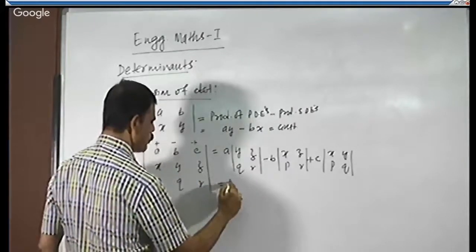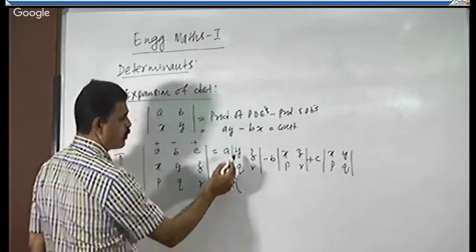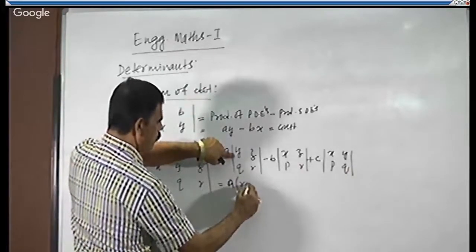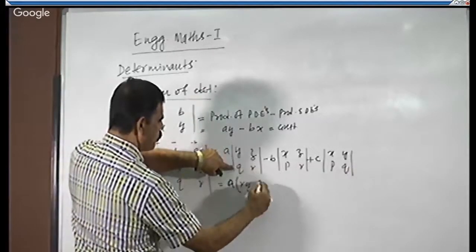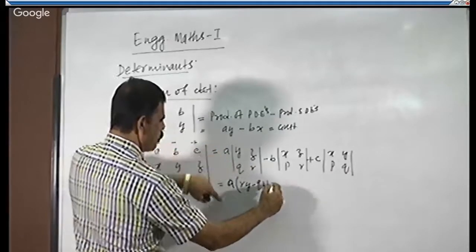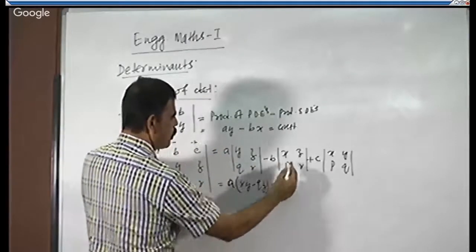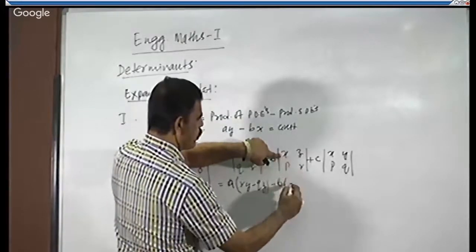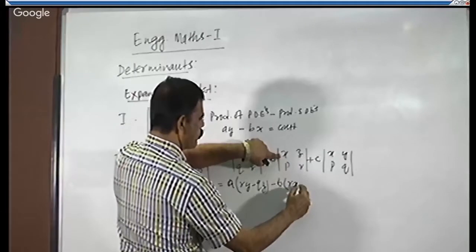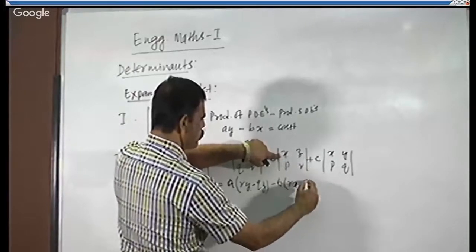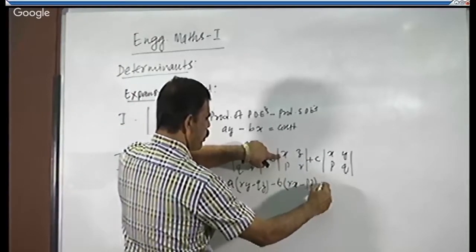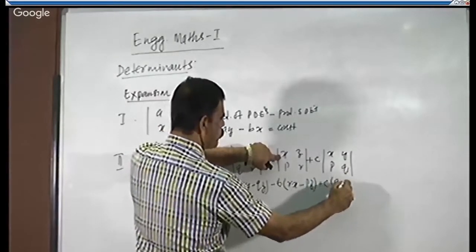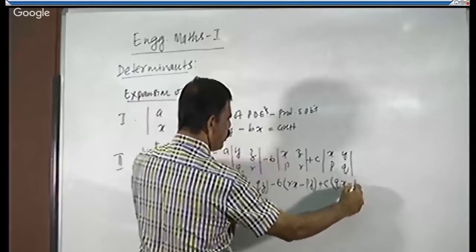By the expansion, a into the second order determinant, which is y into r minus q into z, minus of b into, this is a second order determinant, the principal diagonal product is r into x minus p into z, plus c into the second order determinant, qx minus py.